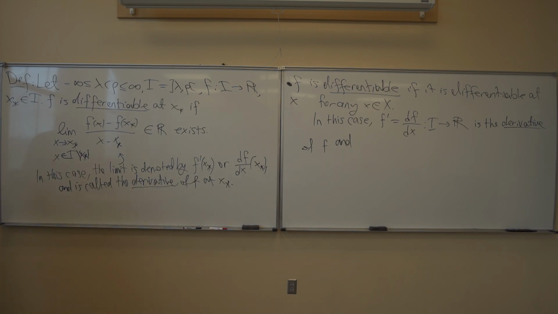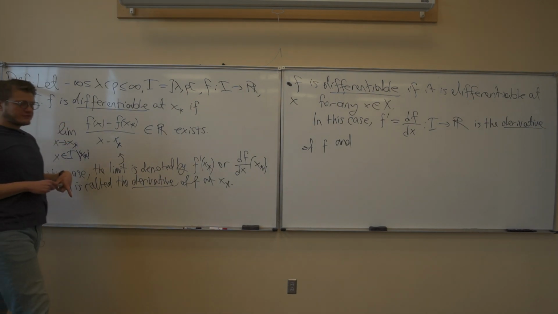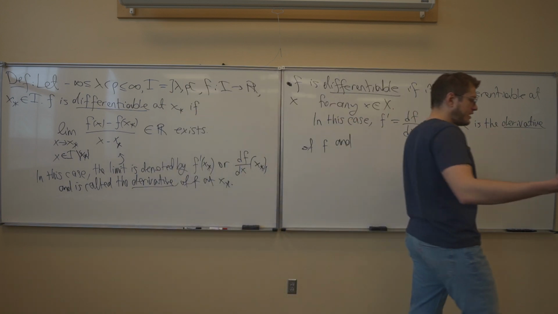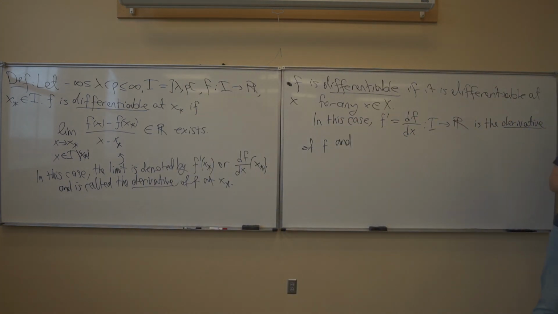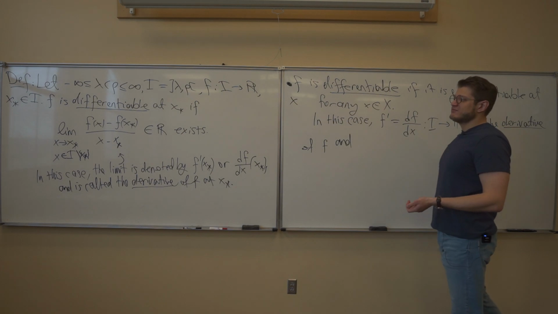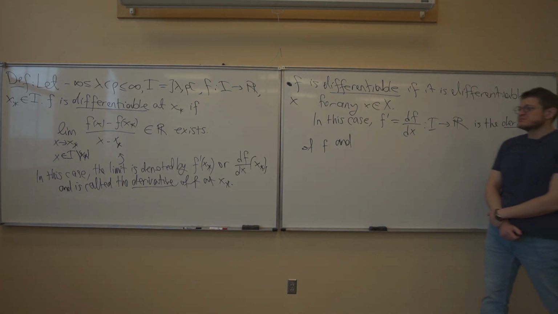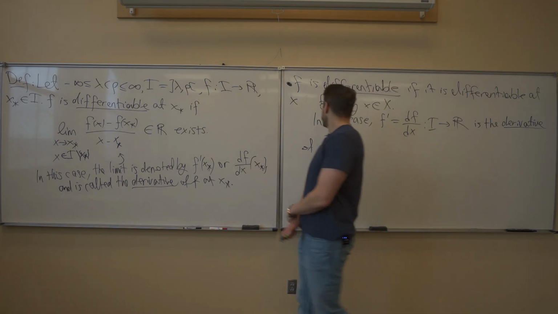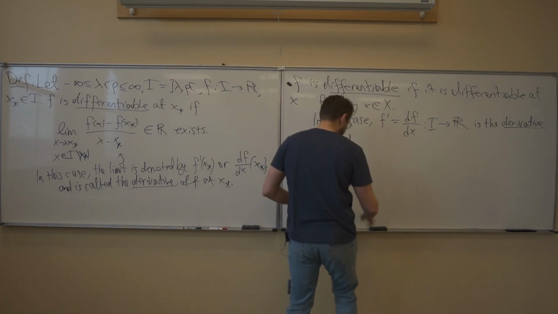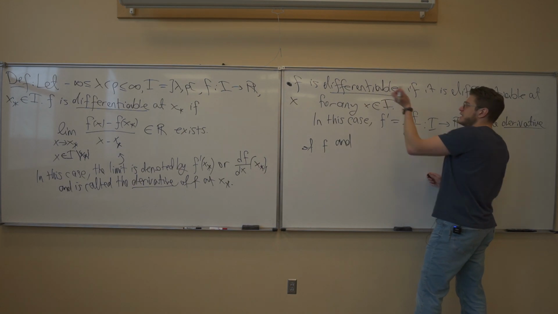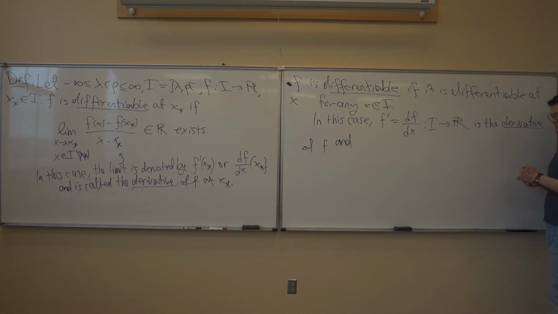Okay. Now, just like continuity, recall that continuity of a function we defined first at a point, and then we said if the function is continuous everywhere, we call it continuous. The same mentality goes for differentiability. If the function is differentiable at any point whatsoever in I, then I'm just going to call the function differentiable.